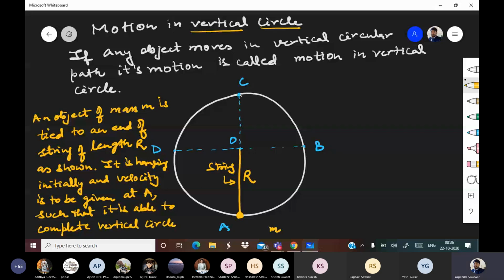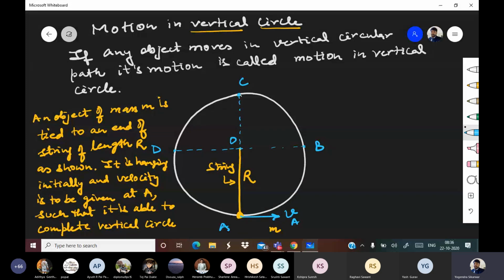Okay, so now pay attention everyone. The velocity which we are giving to the object at A, let's say it is vA. And what it is able to do, it is able to complete the vertical circle.